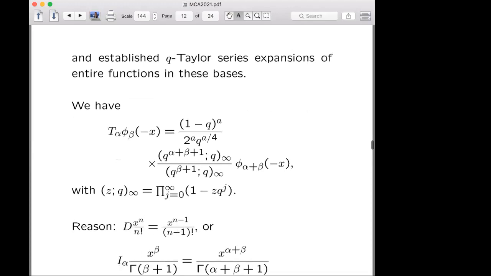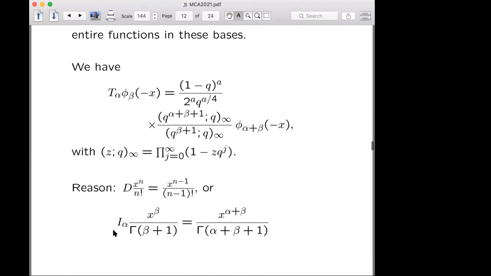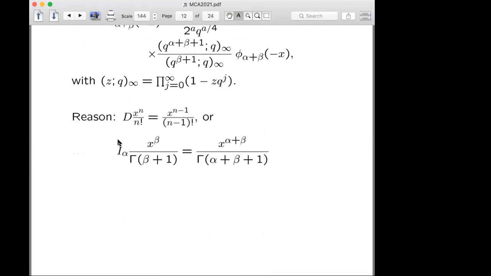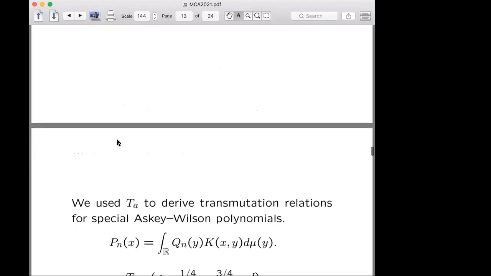And if I take the fractional integrals, I increase this by alpha. So this formula is the exact analog of this. So this plays the role of powers indeed. And we got this to work.